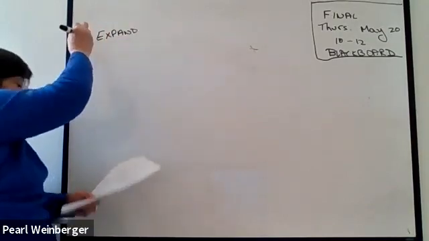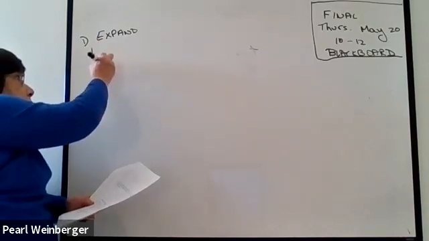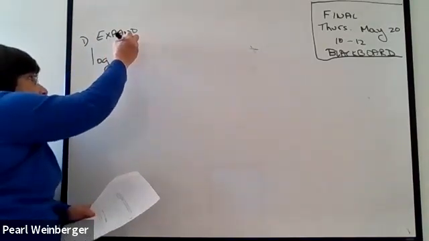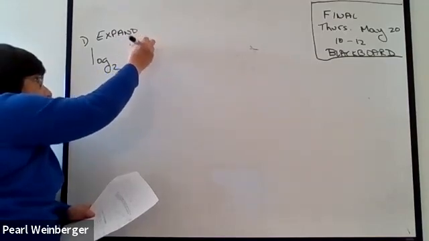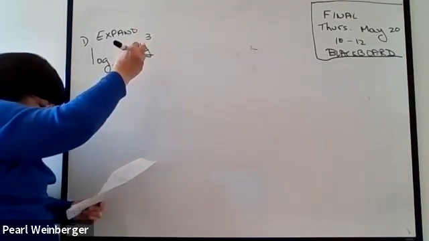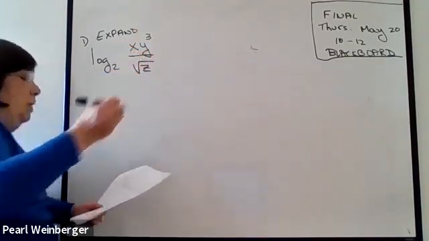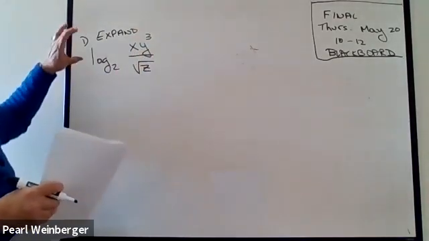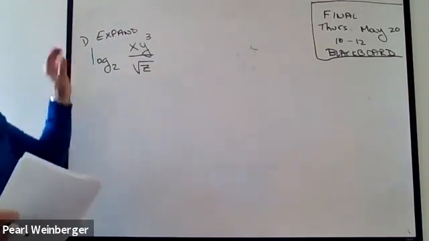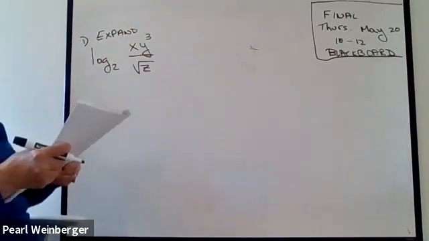That's number one. We're going to take log base 2 of x times y to the third divided by the square root of z. And we want to write it in expanded form. We want to write it log x, log y, log z separate. We don't want it all put together like that.